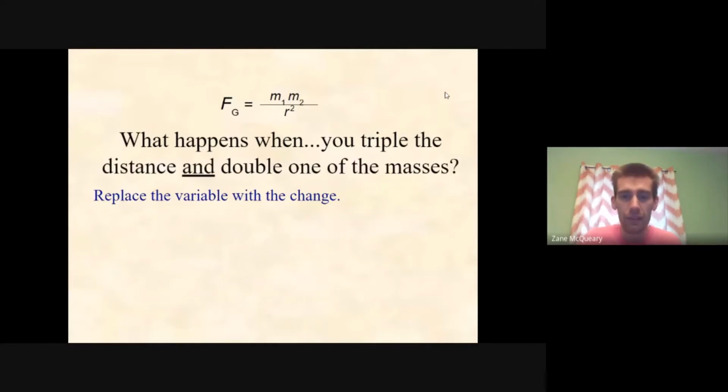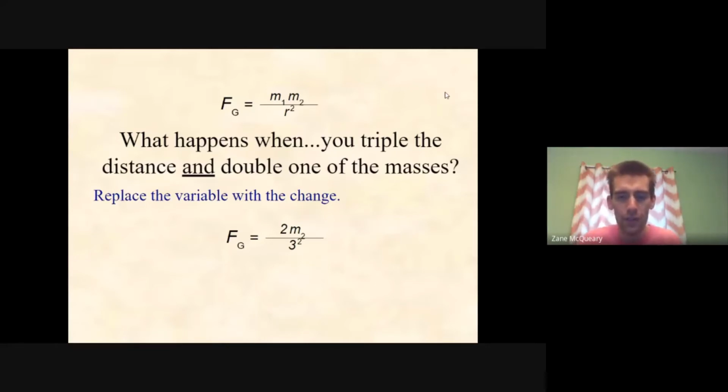That's it right there. Now, sometimes we get a little diabolical, and we decide to combine some things. So if we triple the distance and double one of the masses, let's replace all the things that changed. So obviously R is changing, so we need to change R to 3, and we need to change one of the masses, either one, to a 2, because that's double, right?